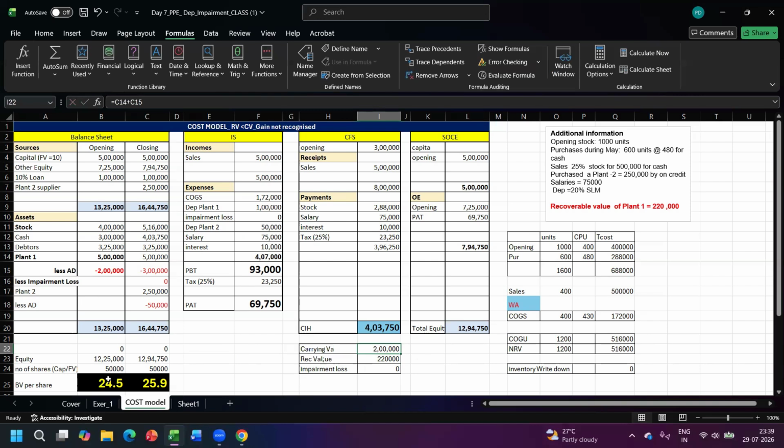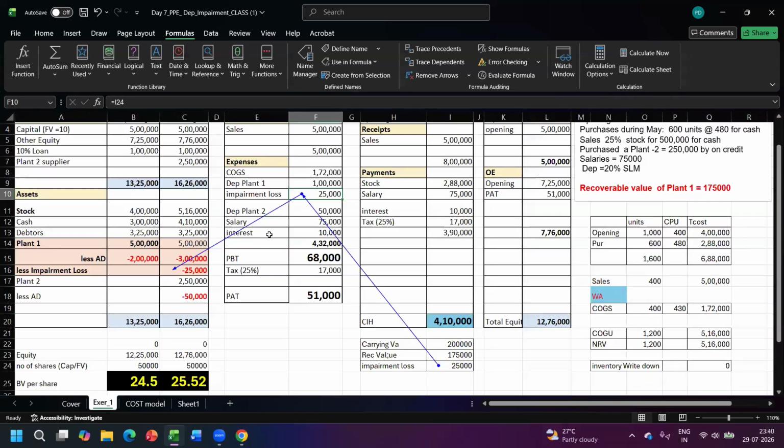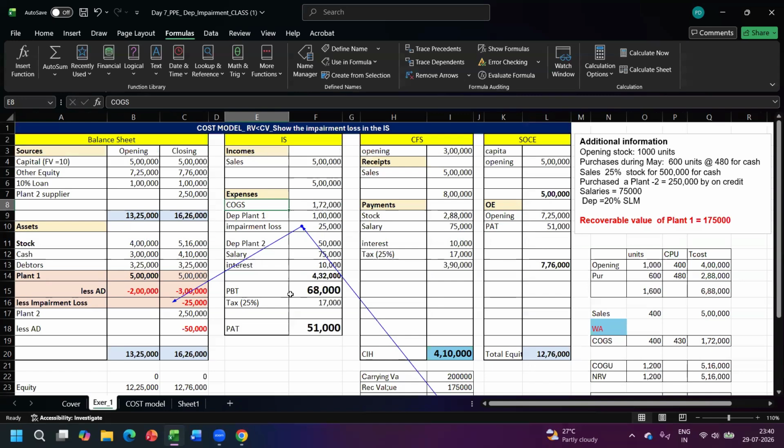So the cost model in this exercise, in this presentation, we observed the application of Ind AS 2, Ind AS 16, and Ind AS 36. In the process, we touched upon a few important things, that is cost of goods sold, which is as per Ind AS 2, depreciation as per Ind AS 16, impairment as per Ind AS 36.